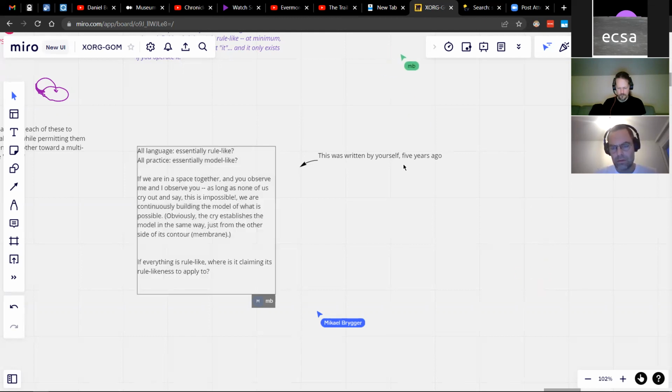If I read that, then this text actually becomes a different kind of board, to use game terms here, and is filtered through the other one, and suddenly it's playful because the claim, this was written by yourself 5 years ago, points to this text as behaving like a filter, like a layer, and like a rule.